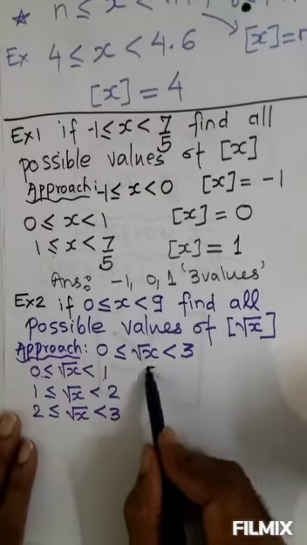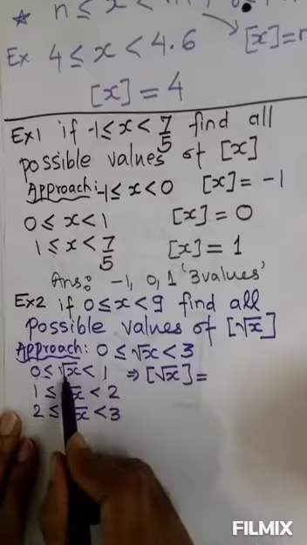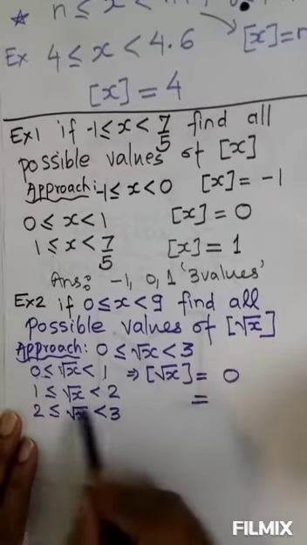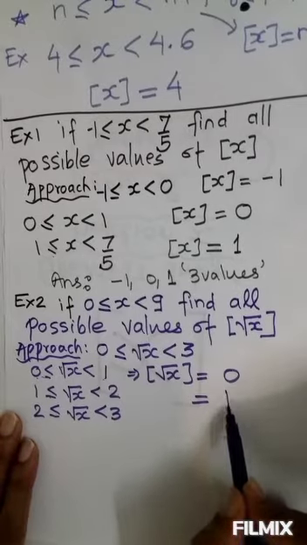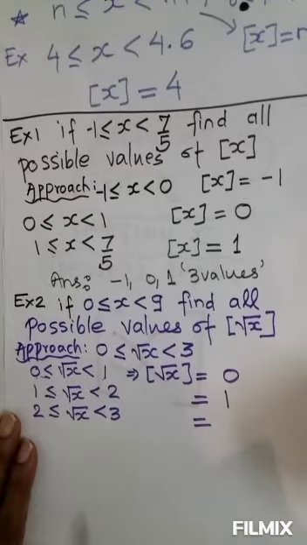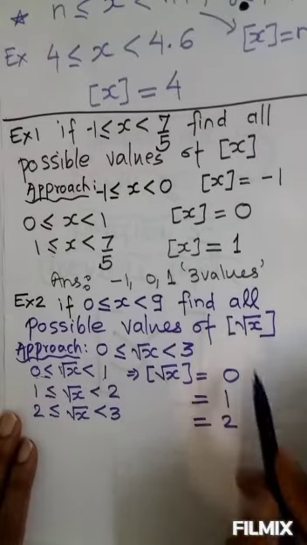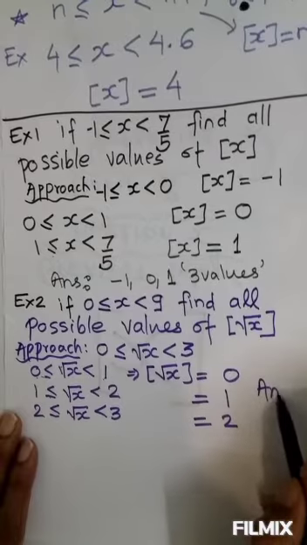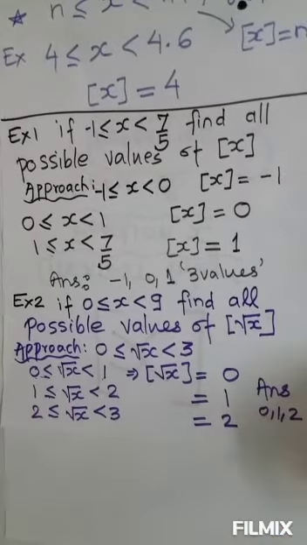In the first the value of greatest integer root x is 0, in 1 to 2 the greatest integer is 1, and in 2 to 3 it is 2. So the number of all possible values: 0, 1, 2, again 3 values.